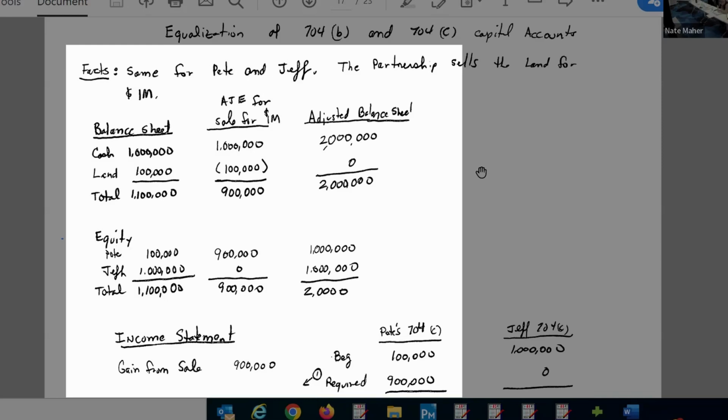Debit cash for $1 million, credit land, and there's $900,000 of gain that goes to Pete. Adjusted balance sheet is $2 million, $1 million, $1 million. So the gain on the income statement is $900,000, which closes out. But Pete's beginning 704(c) capital account is $100,000. Jeff's is 0, and we have this required income allocation to Pete. That's all this is doing.